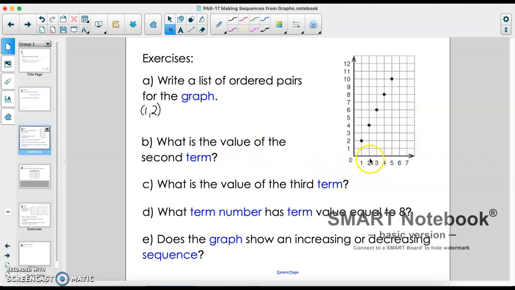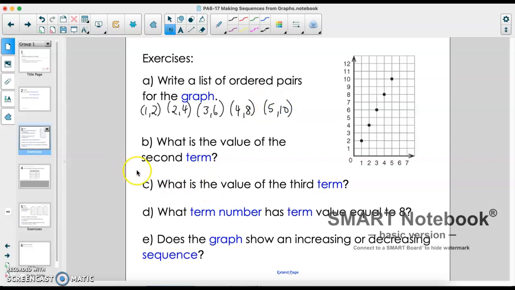Then I'm going to go over 1. My next one's 2, 4. My next one is 3, 6. My next one is 4, 8. And then my last one is 5, 10.